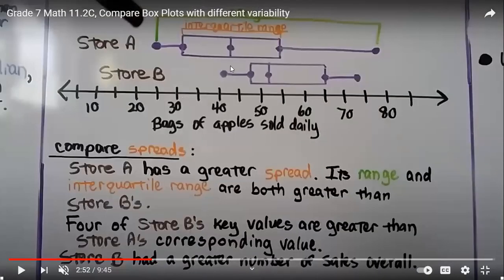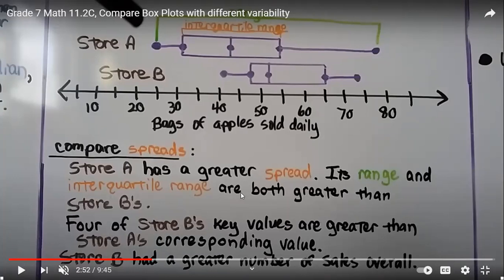So now we want to compare the spreads, the last one. If you want to compare the spreads, this time we can compare the range and the interquartile range. Look at this part, it represents the range. It was about 77 or 78, and the least value was about 25. So we will calculate a range, but look at the range for store B, it's about 72 minus 40.